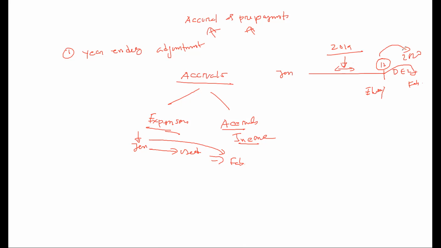Even though the payment is made in 2020, this expense, let's say £500, is actually relevant to 2019, even though we are paying it next year, because sometimes we don't know some of the expenses until the year ends.